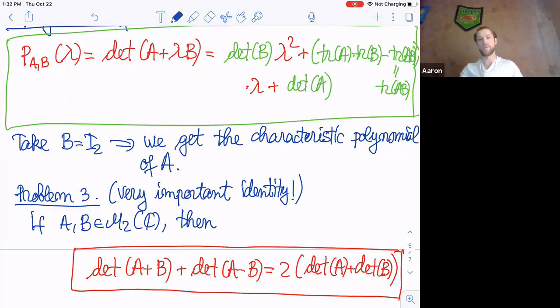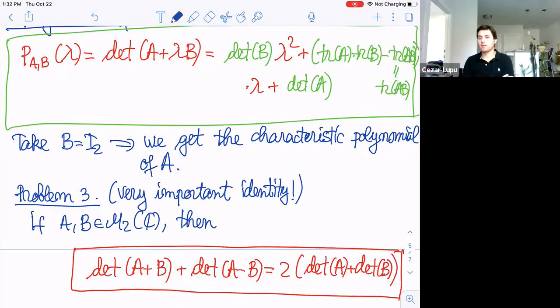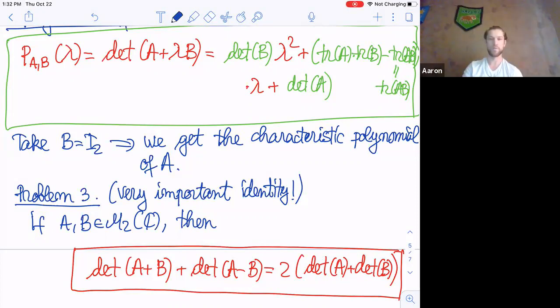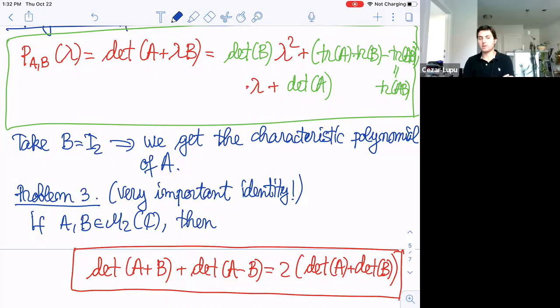Okay, but the above expression has a constant lambda in front of B, right? Yes, but can you express the determinant of A plus B in terms of that polynomial that you see above? Yeah, so could you just set lambda equal to 1? Exactly. So one of them is P of 1, and the other one is what?